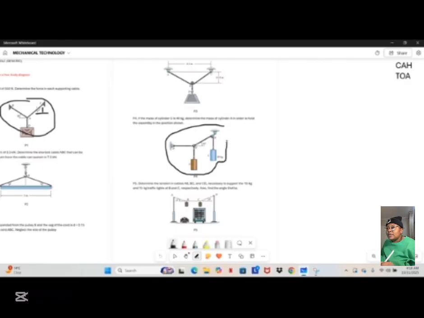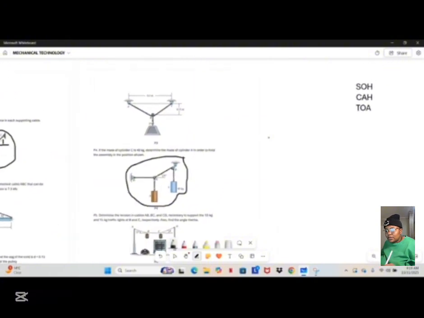The first free body diagram, we should have an idea of what we're working with. So this is how the structure of this thing is. It goes with an angle here. Let's start over.